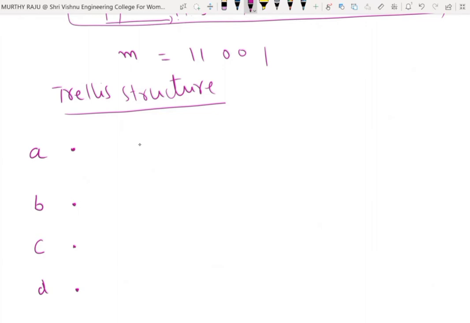The trail structure is to be expanded. 1, 2, last one is this one is 5.